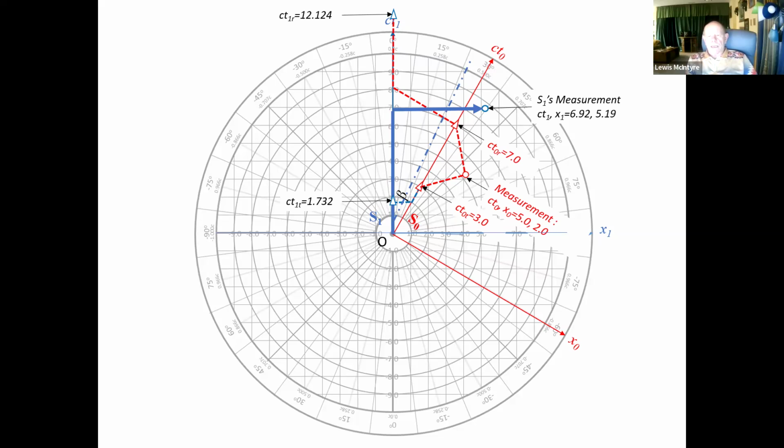Sam locates the asteroid at 5.19 light hours out, 6.92 hours after takeoff. Subtracting Sally's position on her world line at x1 equal to 3.46 from his measurement to the asteroid of 5.19 units of distance, he determines that the asteroid was 1.732 ahead of her, 86% of her measured distance of 2.